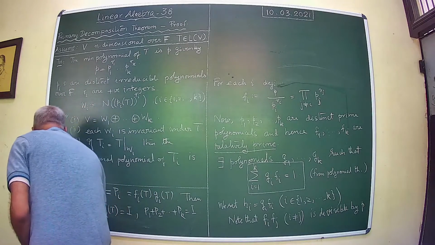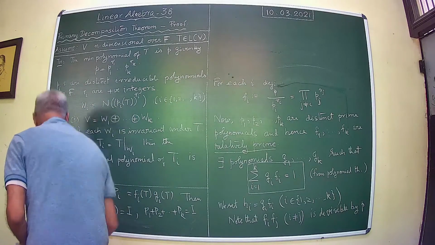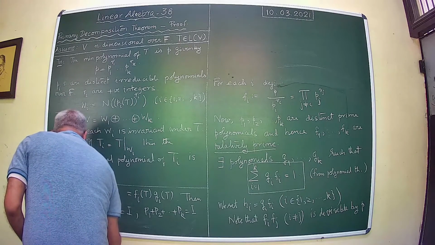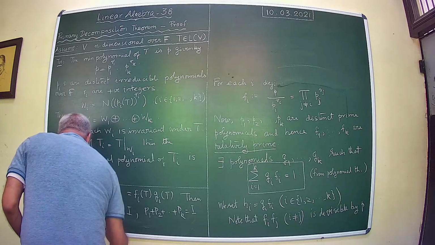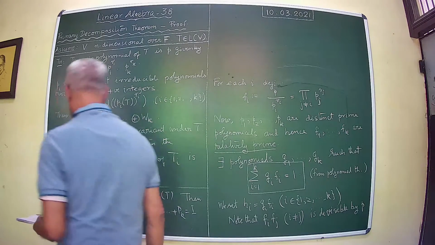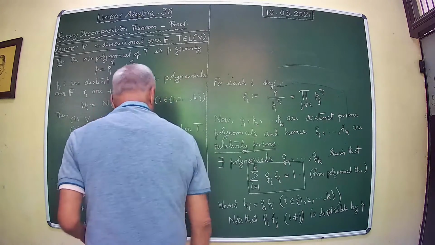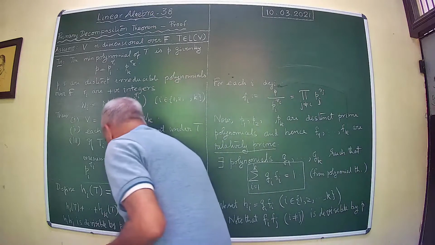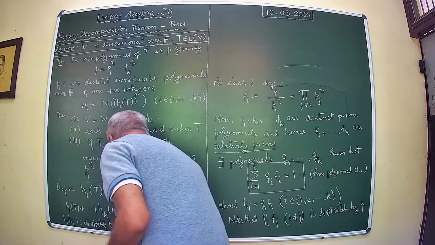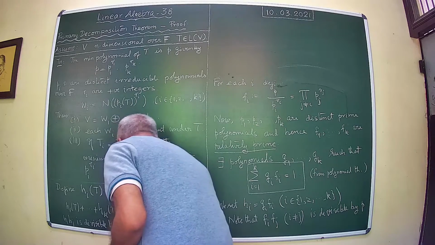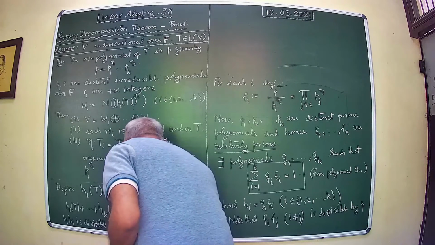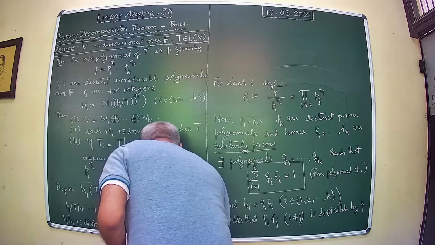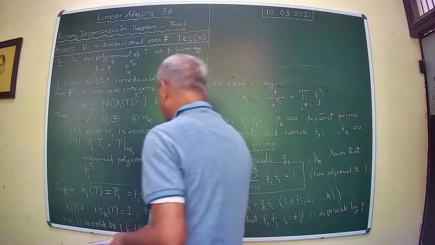Now hi hj is divisible by the minimal polynomial p.